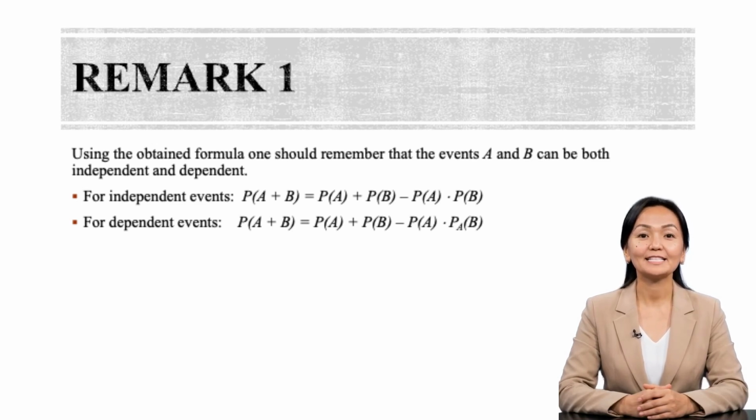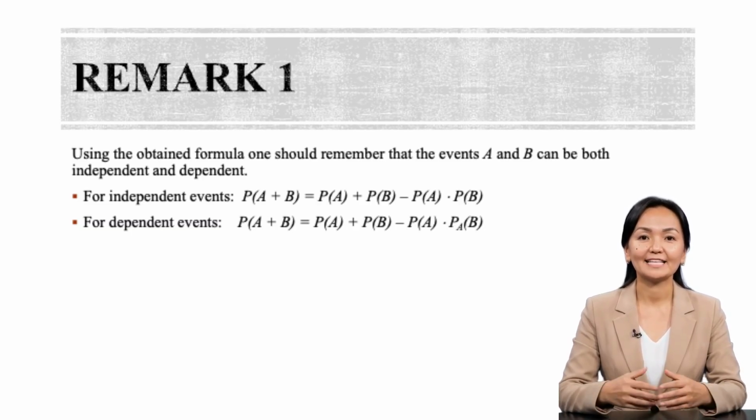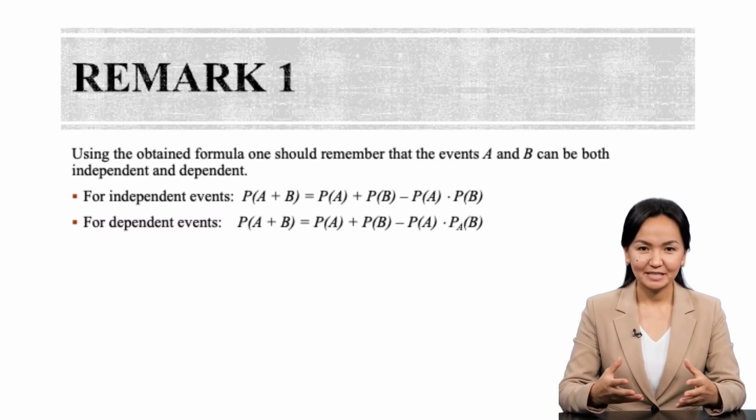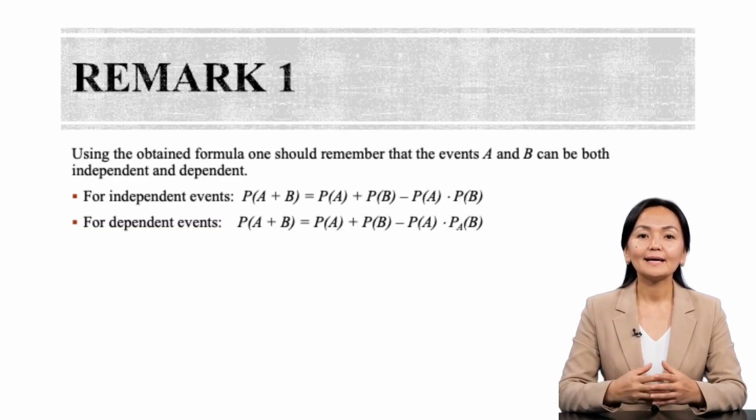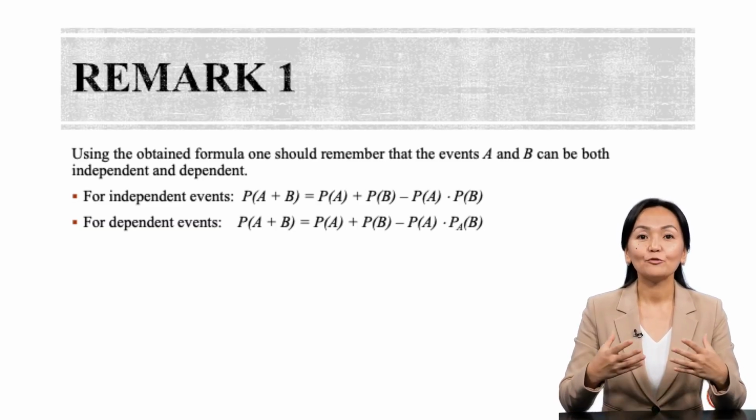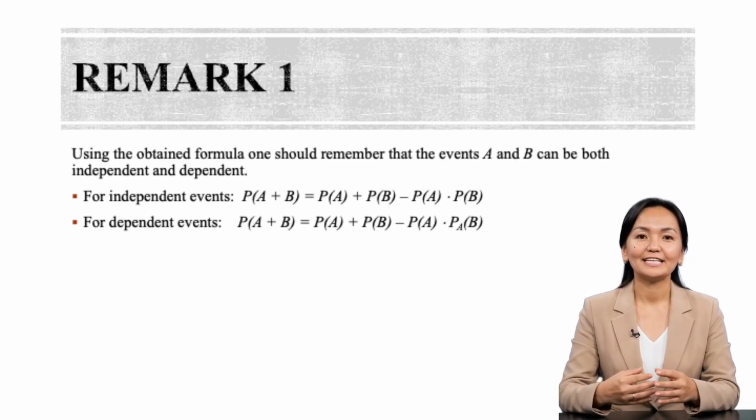Therefore, for independent events, the formula becomes P(A+B) = P(A) + P(B) - P(A)P(B). For dependent events, we must use conditional probabilities. The joint probability P(AB) equals P(A) times the conditional probability of B given A. This versatility is one of the strengths of the addition theorem.